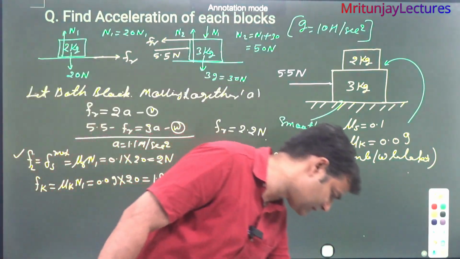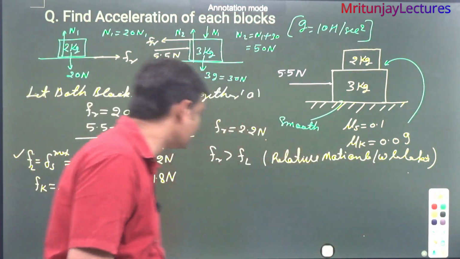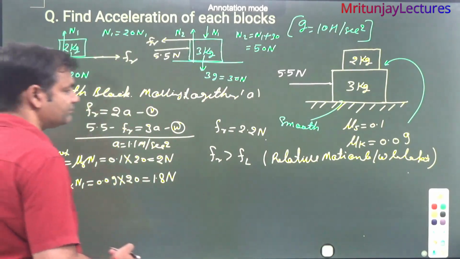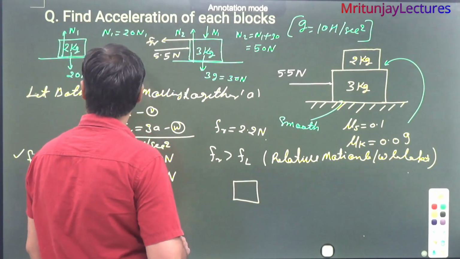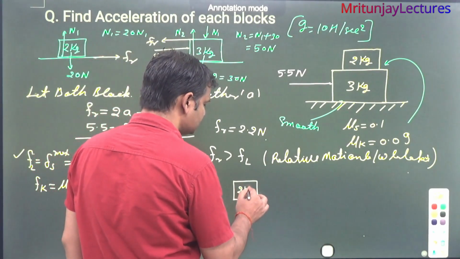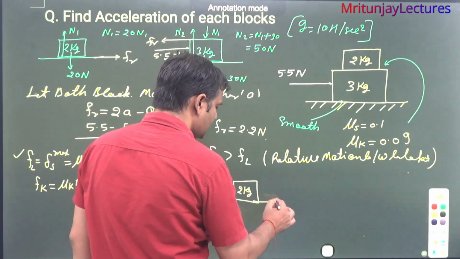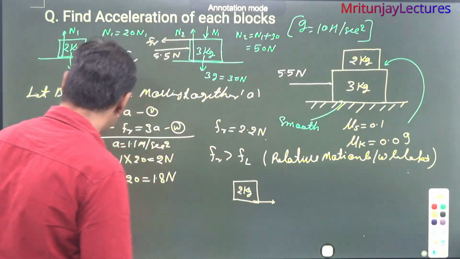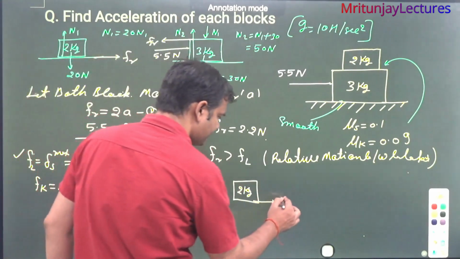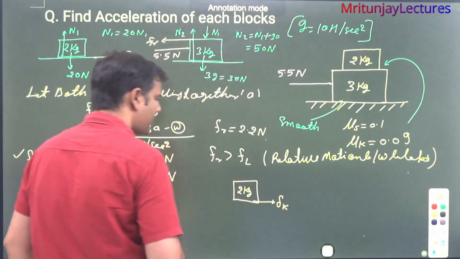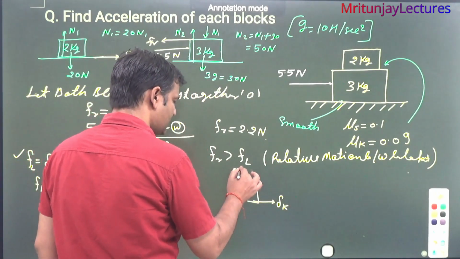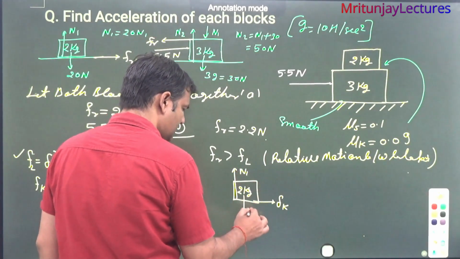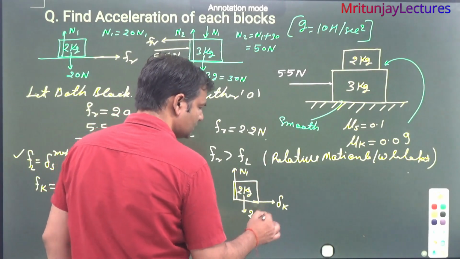So how can we do it? First of all, draw the free body diagram for the 2 kg block. During motion, the frictional force is Fk. Here N1 is 20 Newton.